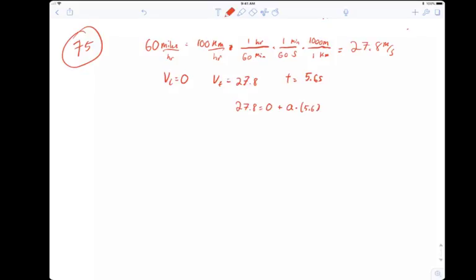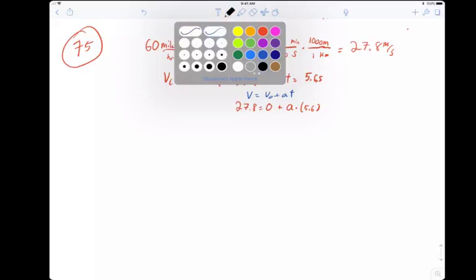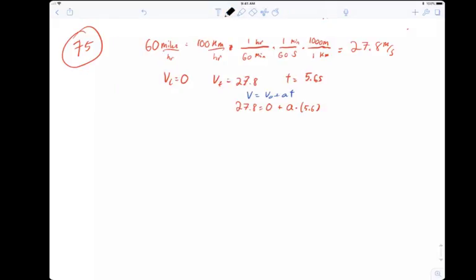What equation are you using? That's a good question. This is the v is equal to v naught plus at equation. Constant acceleration. Now, acceleration is 4.96 meters per second squared.